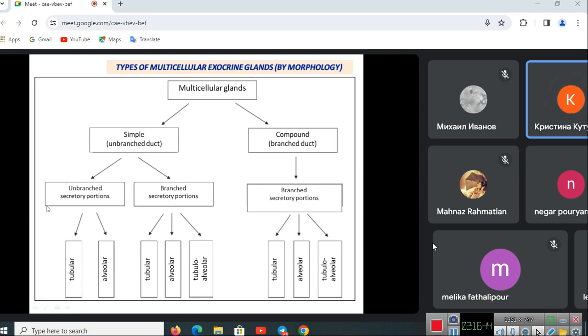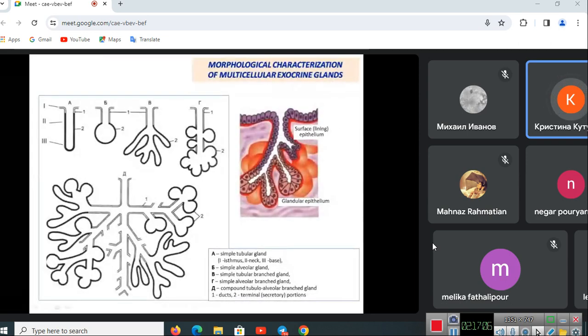Next, according to the branching of the secretory portion, we have branched or unbranched gland. And finally, according to the shape of the secretory portion, we have tubular, alveolar, or tubular alveolar gland. What does it mean?